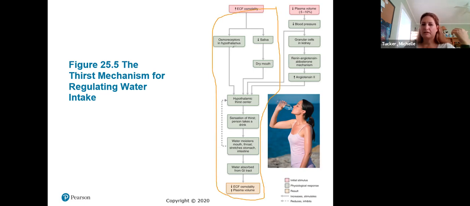If osmoreceptors in the hypothalamus sense that there is an increase in osmolality, an increase in osmolality means that there is too much salt present for the volume of water.